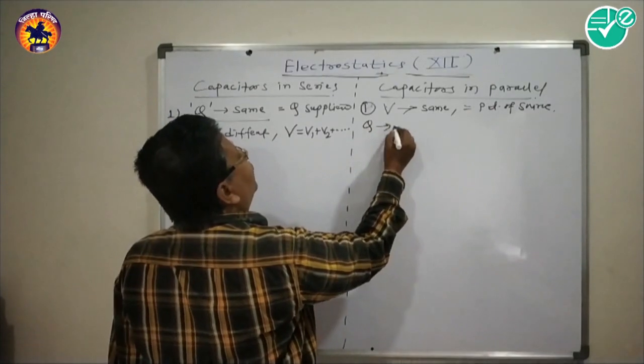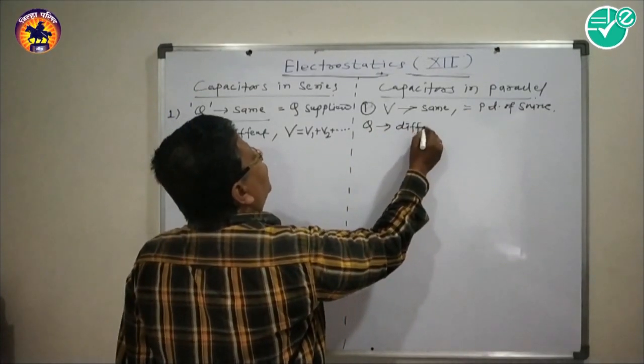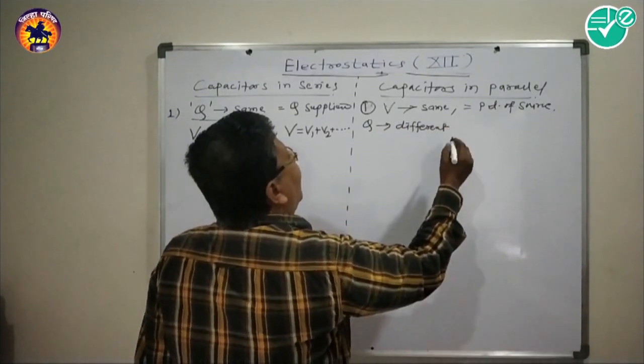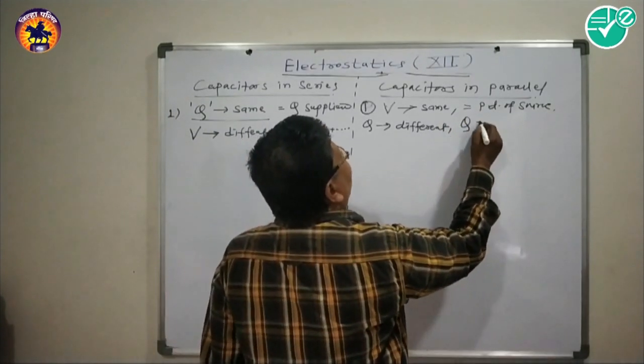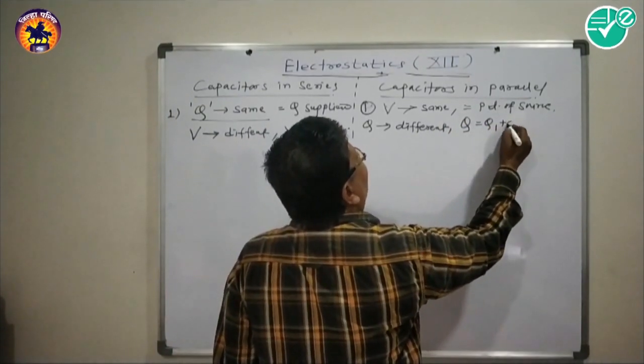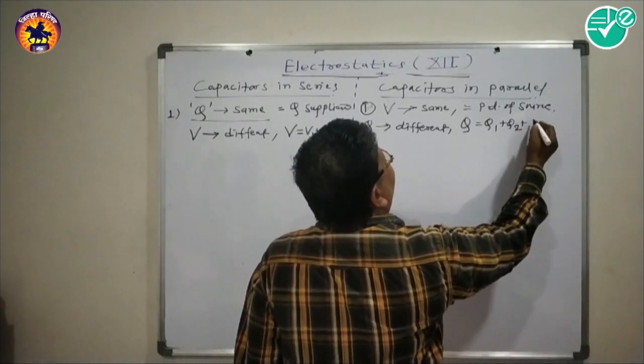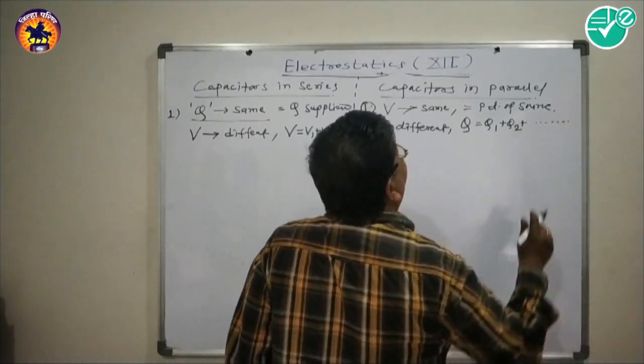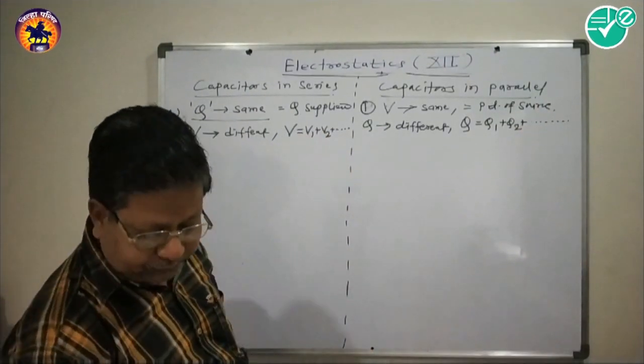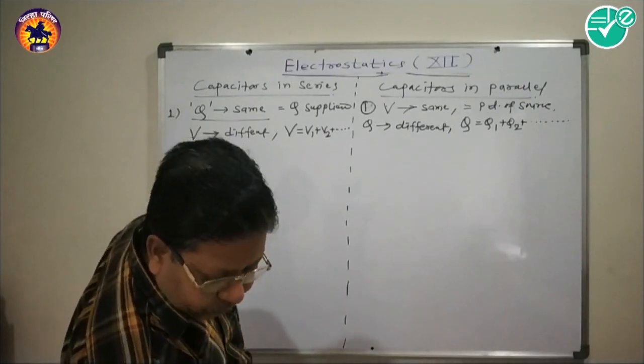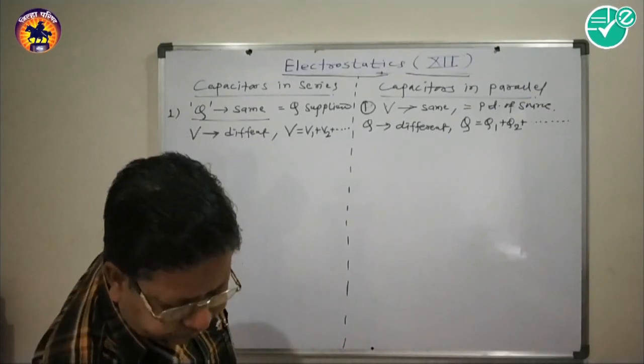Charge on each capacitor is different, and therefore total charge is equal to the sum of the charges on the individual capacitors. So this is the one point.